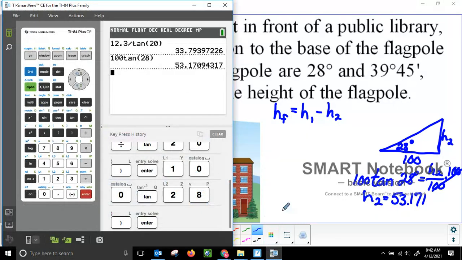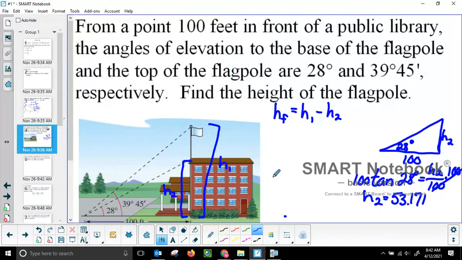Okay. So now we'll look at the bigger triangle, which is going to look very similar, except now this is 39 degrees and 45 minutes. We talked a little bit about degrees, minutes, and seconds. Who remembers how many minutes are in a degree? 60. Yeah, it's just like how many minutes are in an hour. So 45 out of 60 reduces to 3 over 4, which in decimal form is 0.75.